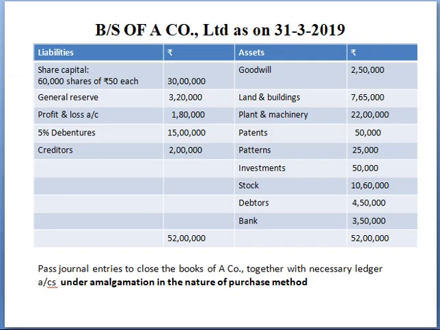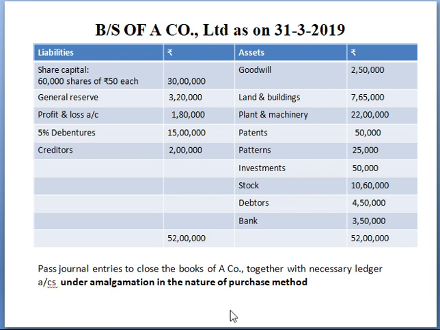Now this is the balance sheet given. Balance sheet of A Company Limited as on 31st March 2019. And see the question. So capital, general reserve, profit and loss account, debentures, creditors. So the liabilities and assets are given, and the question is to pass the journal entries to close the books of A company together with the necessary ledger accounts under the amalgamation in the nature of purchase method.